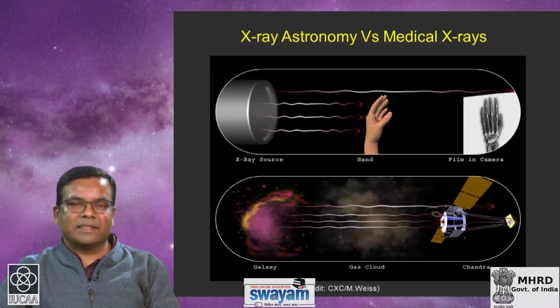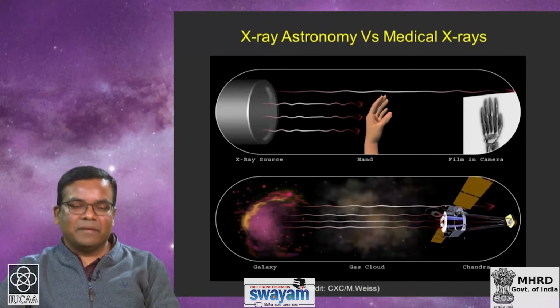A body part such as the hand, which is to be examined, is kept in between the X-ray camera and the X-ray generator. X-rays pass through this body part, or some of them get absorbed, and that creates an image in the camera, and the doctors examine this image and find any defects in the bones and all that.